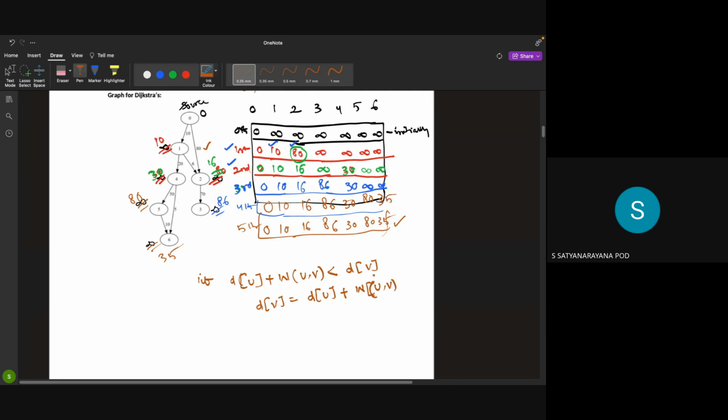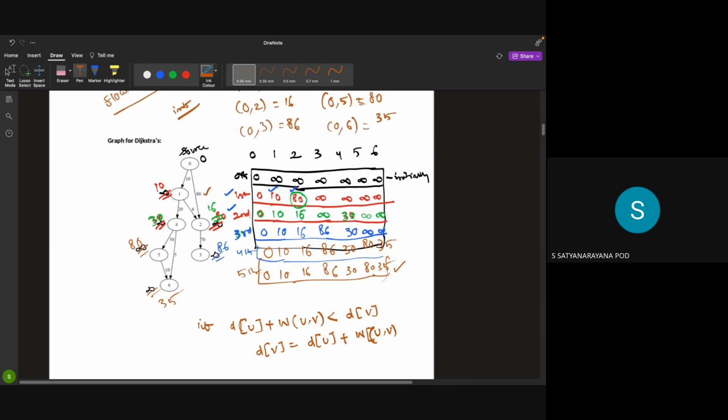See, I will tell you what this formula is. Whether this is the source or that is the source, anything you choose, you are considering this as u. Can you consider this a u? And this is a v.